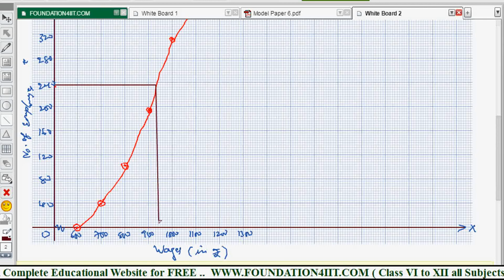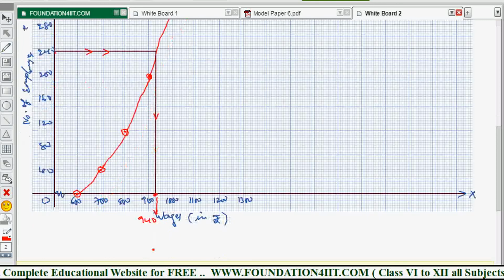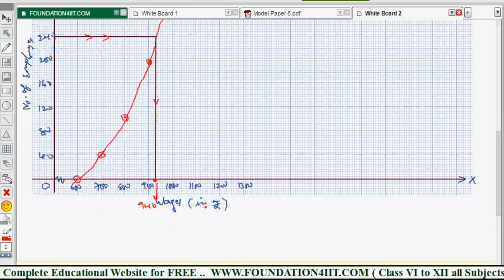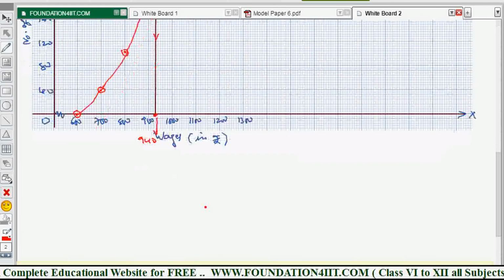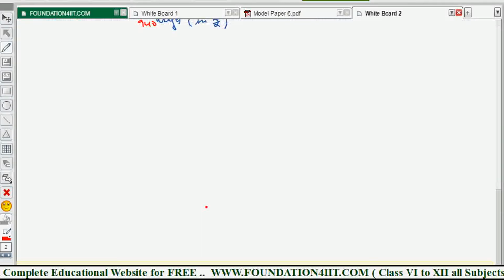So where it touches the x-axis, you should keep the marks also on the graph. Touching at approximately 940. So 10 you can take here. And we can write the information.